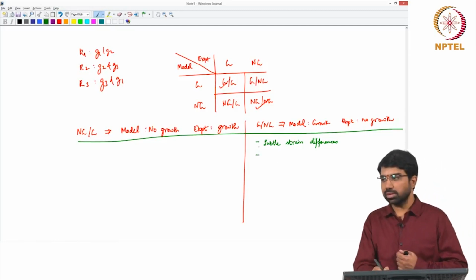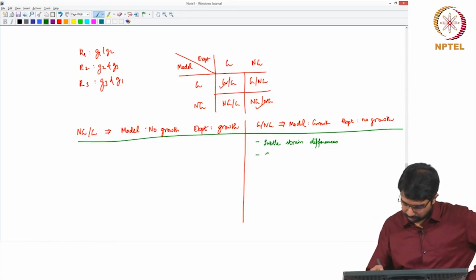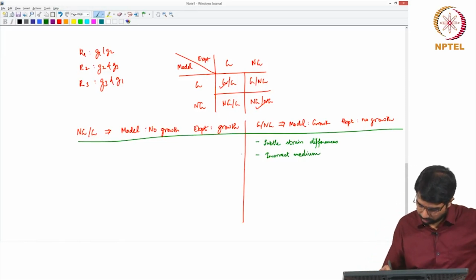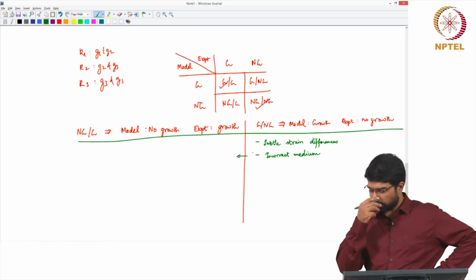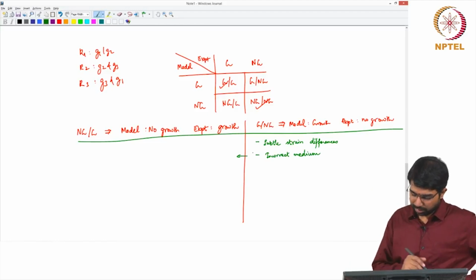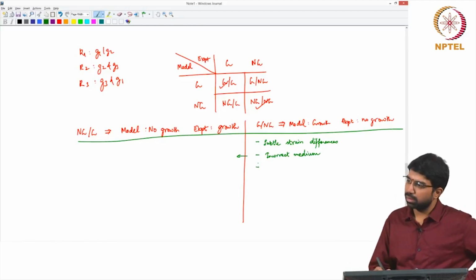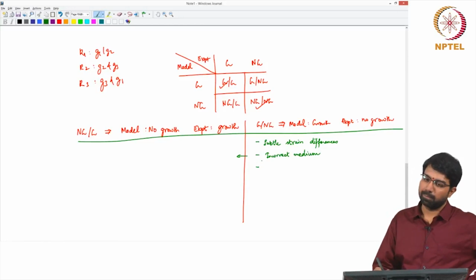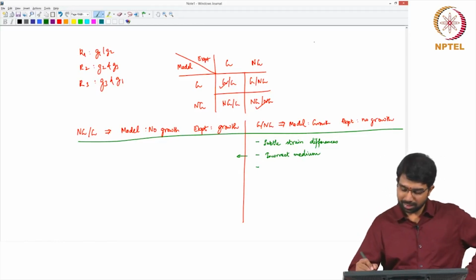Very good. What else? Incorrect medium. Some of these could also go here, so they do not need to be only one way errors; they could cause errors in both places. Maybe you can think of it in terms of the model. What is the model?